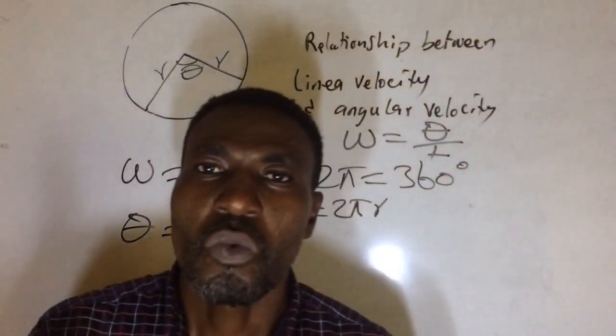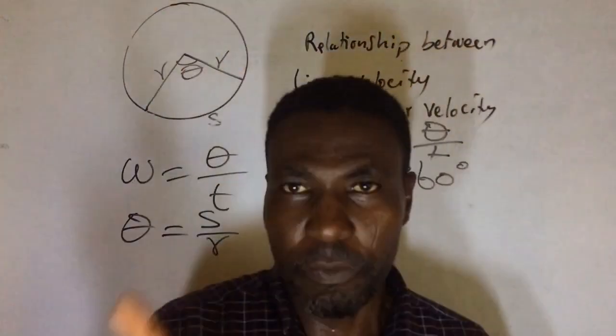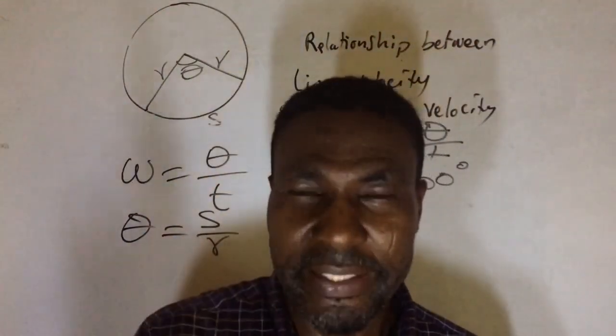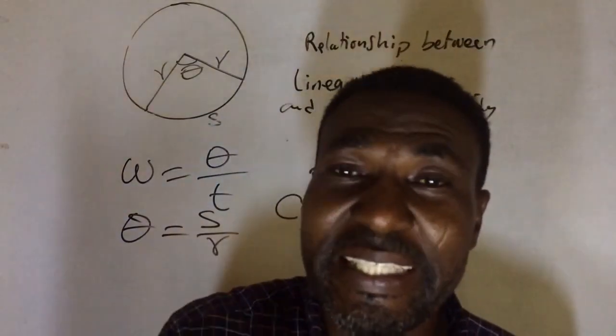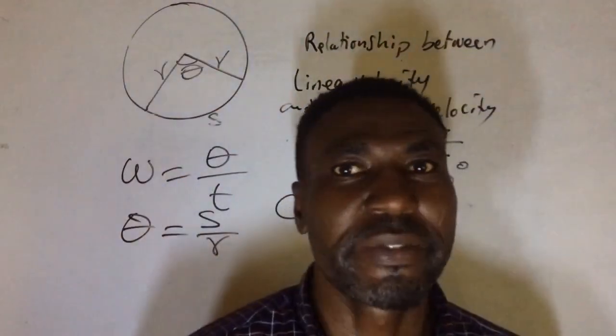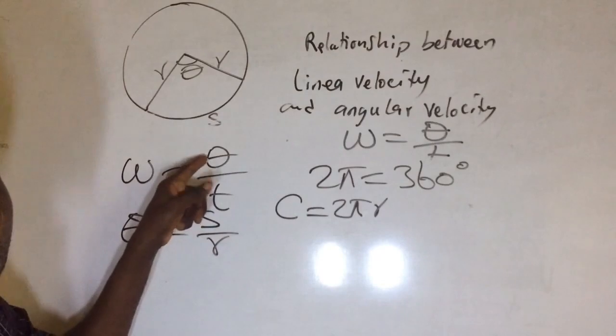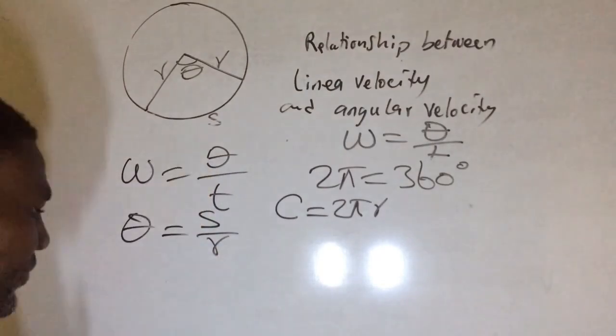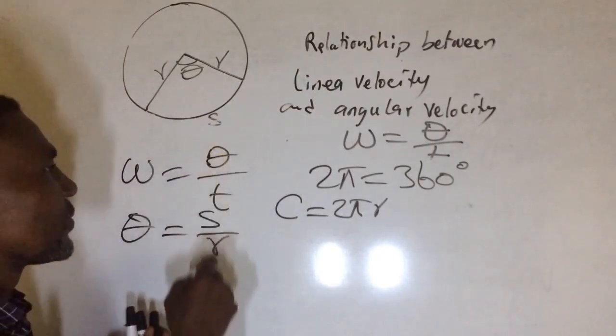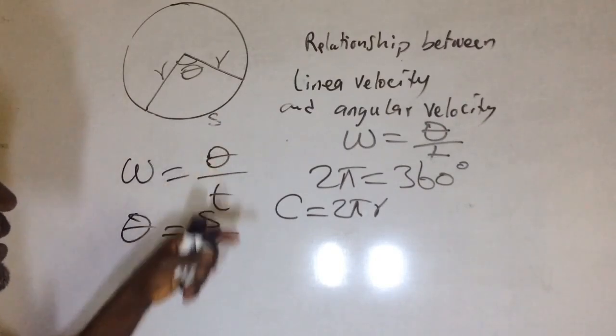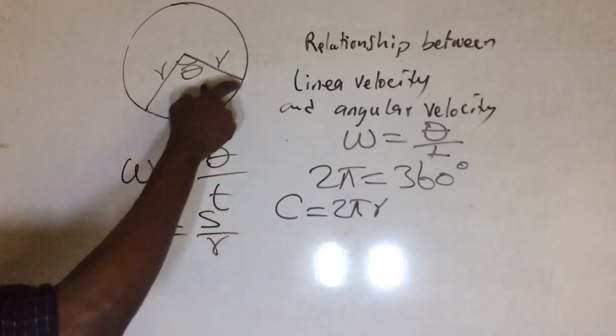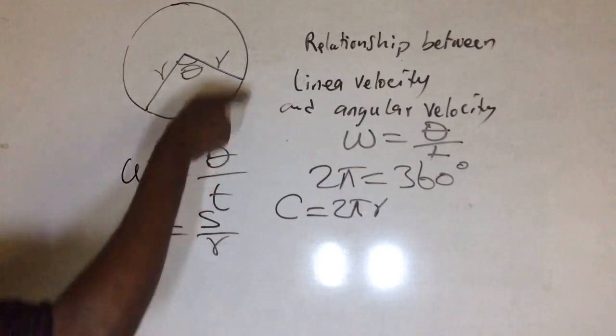Now, one complete circle is 2 pi radians, and this 2 pi radians represents the angle turned round. It is representing this theta, just the angle turned through.